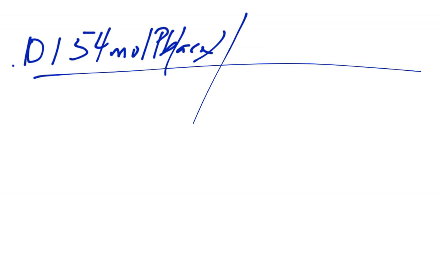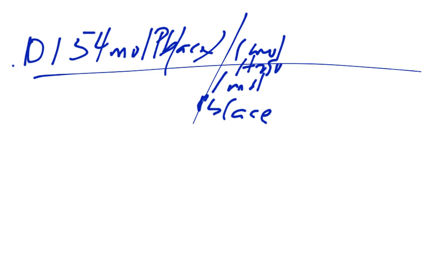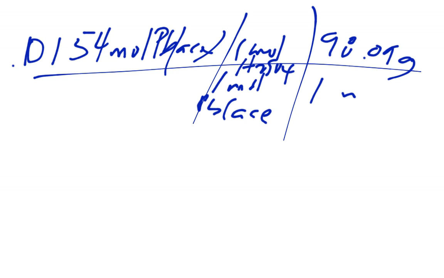Okay. To see how much of my sulfuric acid is going to be left over, I'm going to switch it back over to my sulfuric acid. So 1 mole of my PbACE to 1 mole of my H2SO4. My H2SO4 was 98.09 grams in 1 mole. So when this is all done, I will have used 1.51 grams.